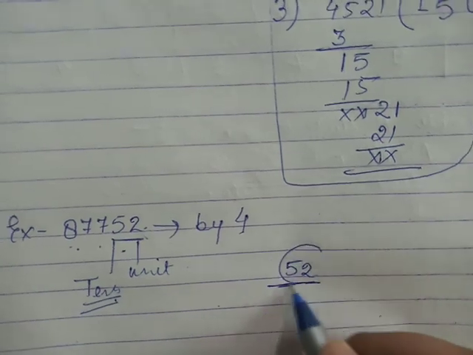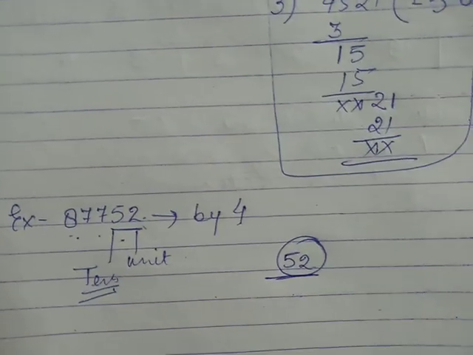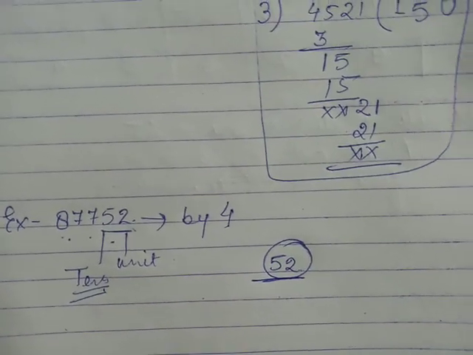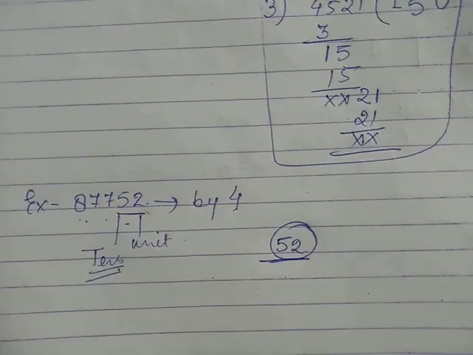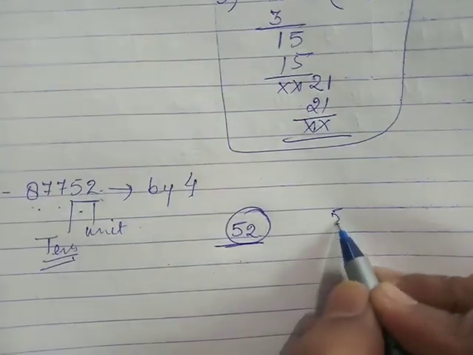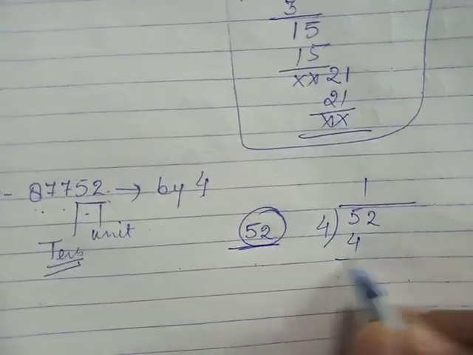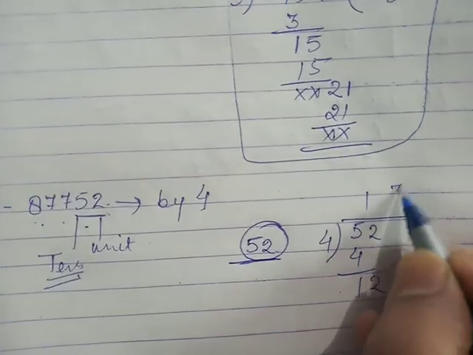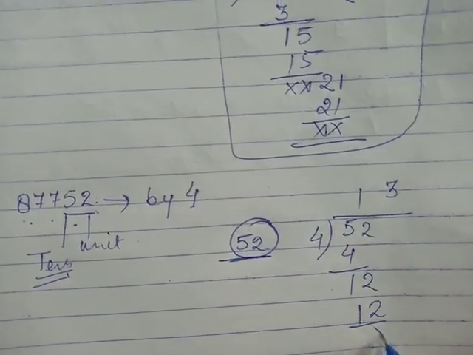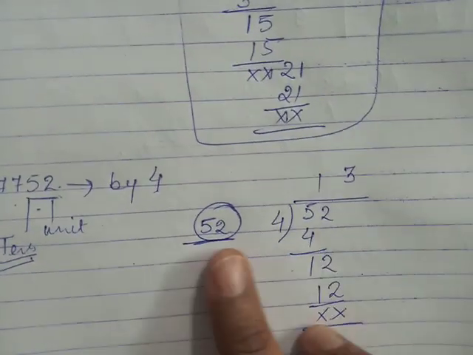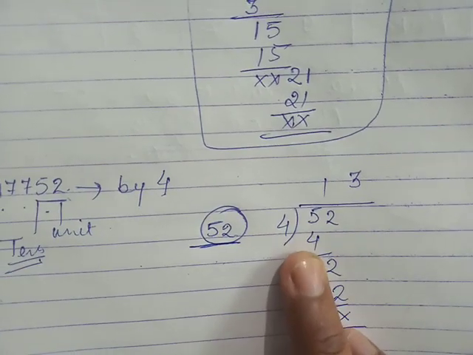If this number formed by the unit and tens digits is divisible by 4, the number will also be divisible by 4. Let's see whether 52 is divisible by 4 or not. 4 ones are 4, 4 threes are 12. So you can see that 52 is totally divided by 4.